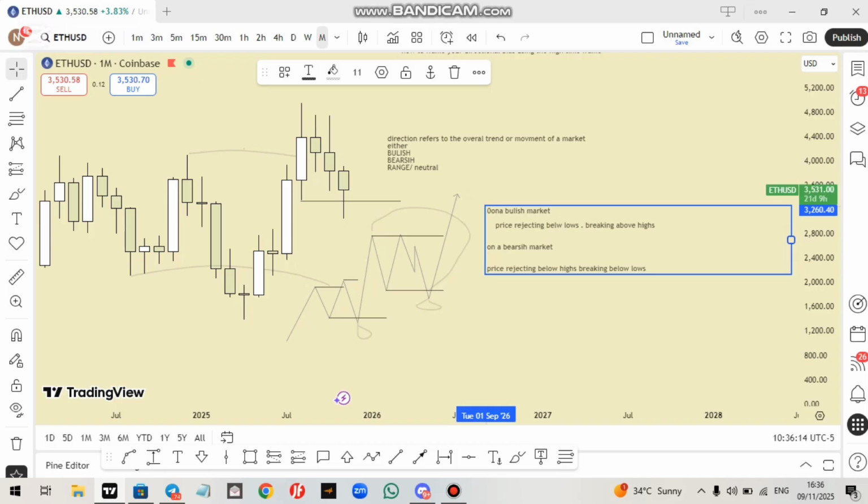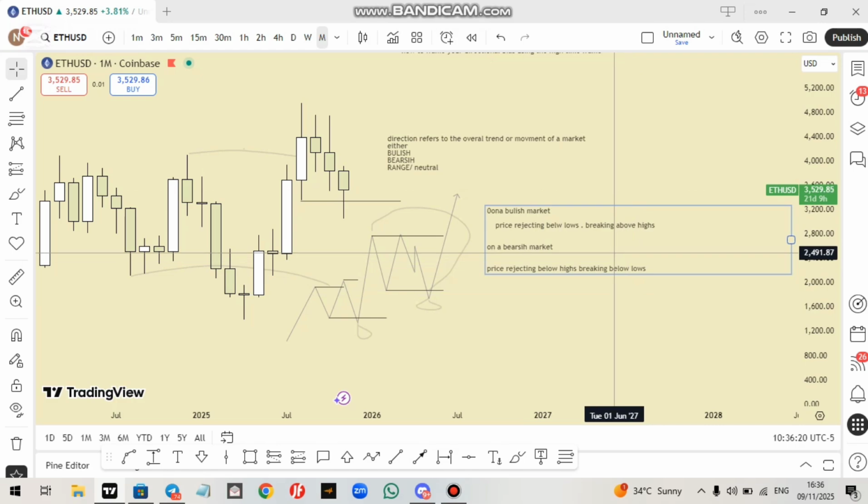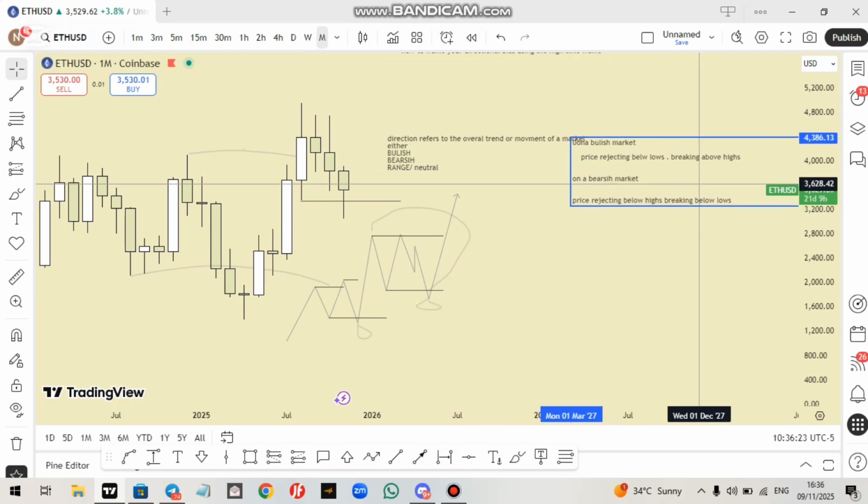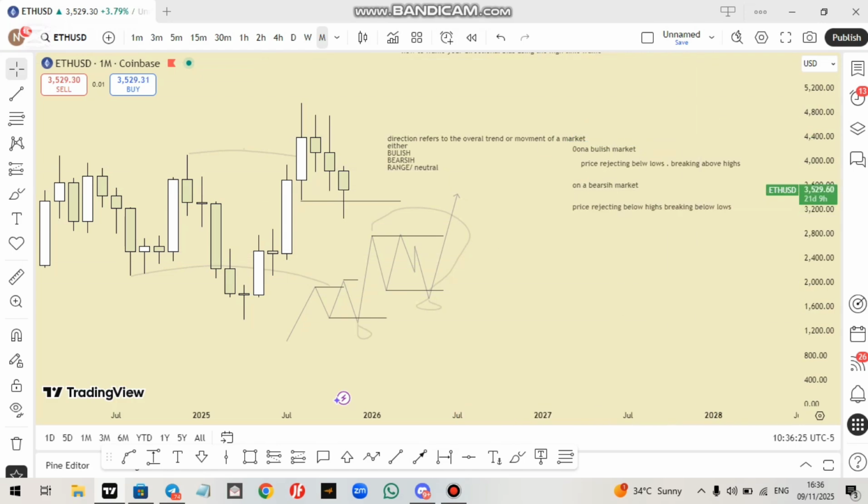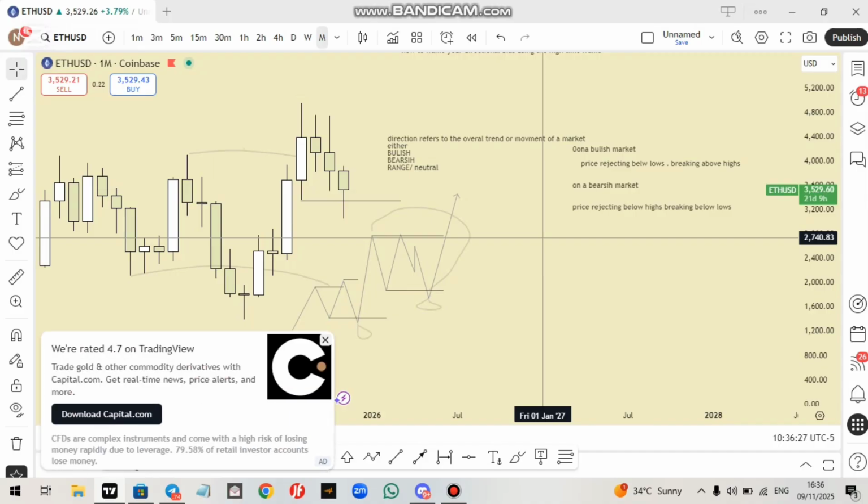While on a bearish market scenario, price rejecting below highs, breaking below lows. Hope you understand it. So that is the whole thing concerning directional bias. If you get confused, you'll get used to it soon.